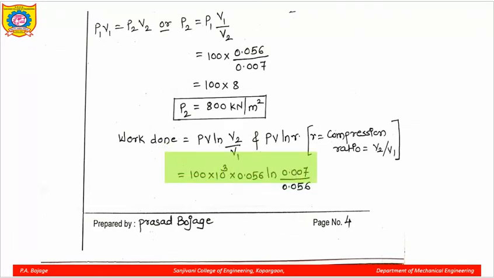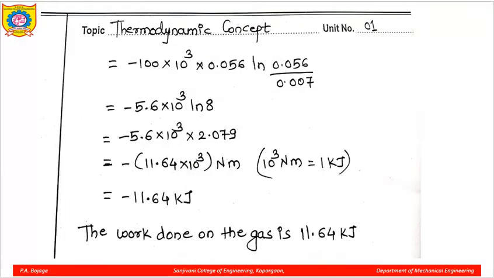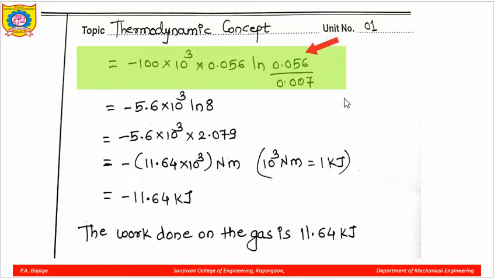When you put the values here, you get this value, just changing the sign of the integral, numerator and denominator here, this adjustment. When you take the inverse, this value will be negative.